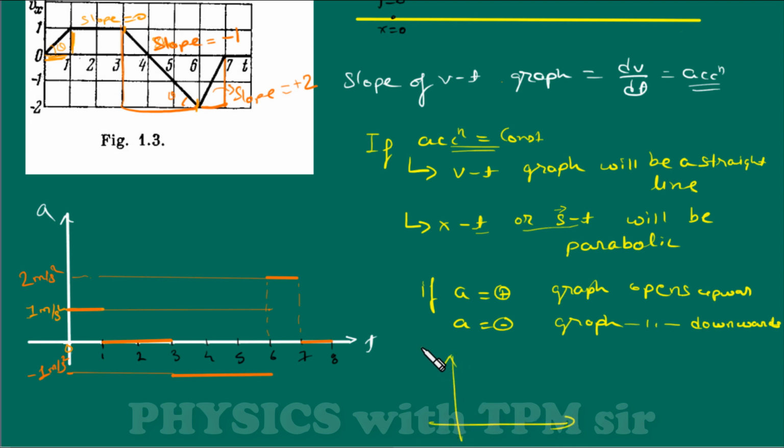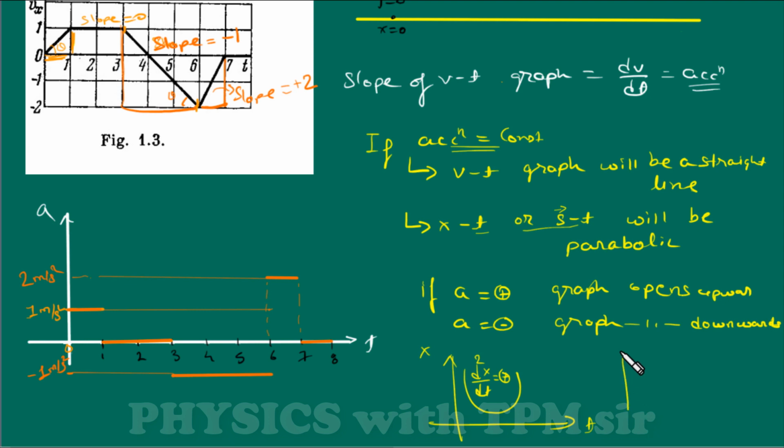Like if I draw this for you, if this is position versus time graph, and acceleration is positive, then the graph will be like this, and acceleration positive means d square x by dt square is positive. If you know maxima and minima, the condition for minima is this only. If double differentiation is positive, then the x-t graph will open upward.